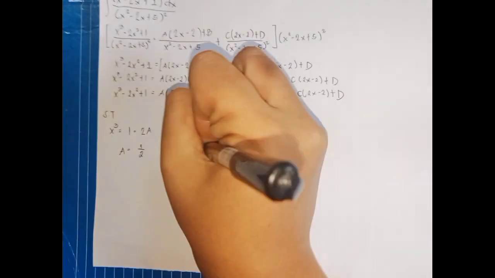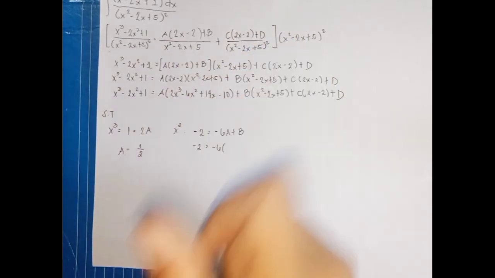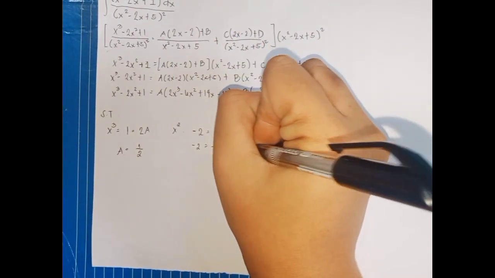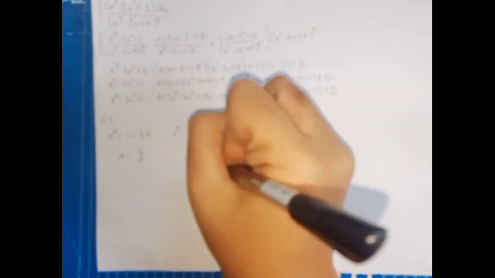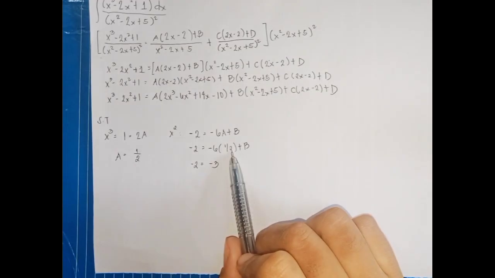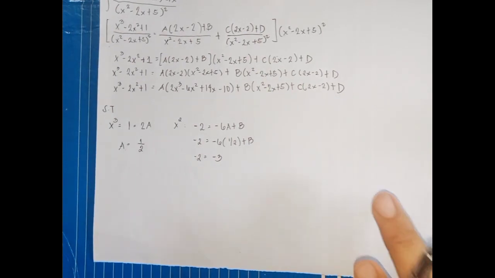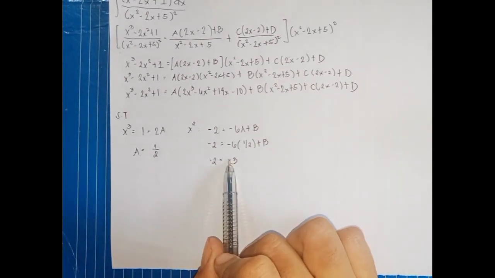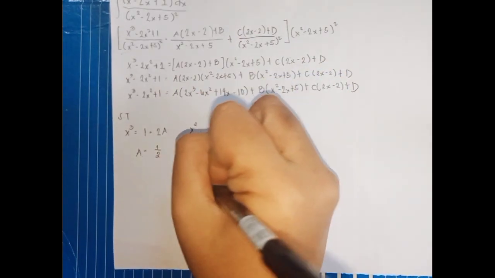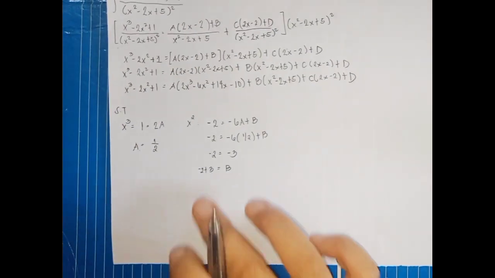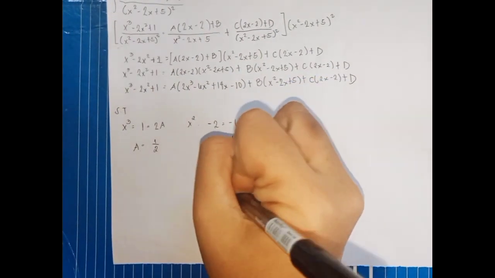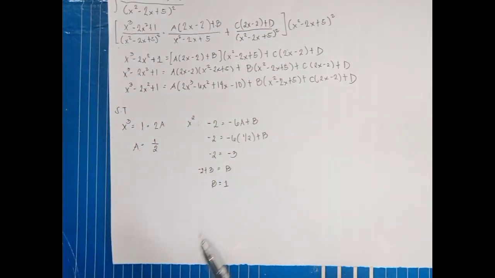Okay, so negative 2 is equal to negative 6 times the 1/2 plus b. So this will be negative 2 is equal to negative 3, since 6 times 1/2 is 3. So we will just need to transpose this. So negative 2 plus 3 is equal to b. So our b will be 1 because negative 2 plus 3 is positive 1.